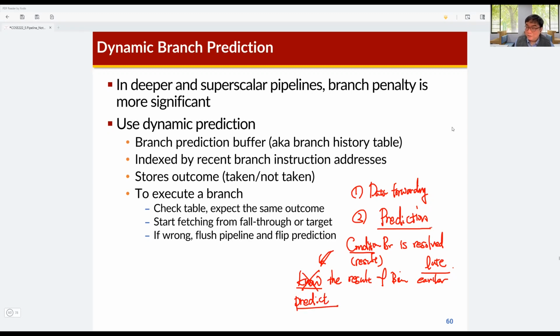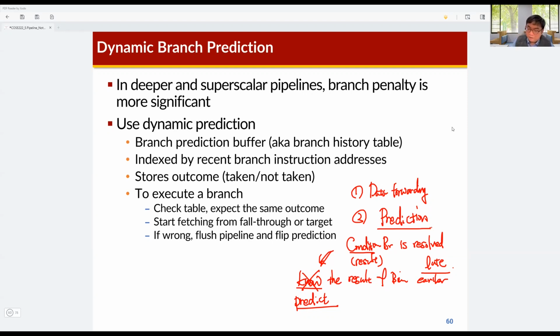If we can predict the result of the branch with high probability, then we can make the processor work based on the predicted result of the branch instruction.